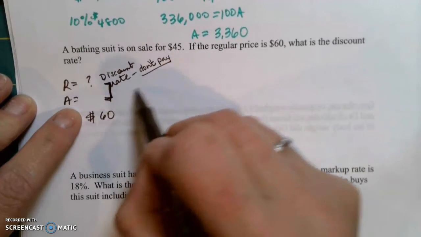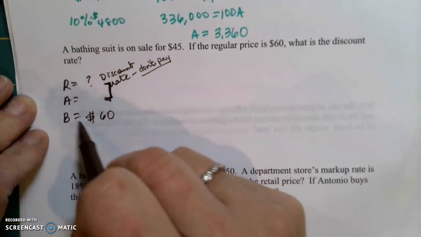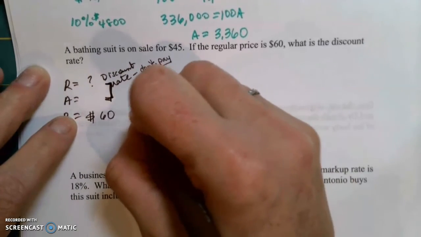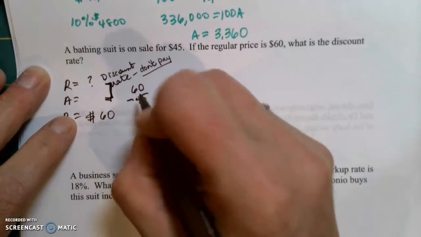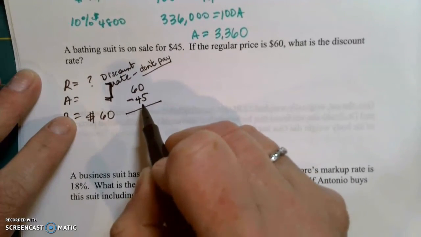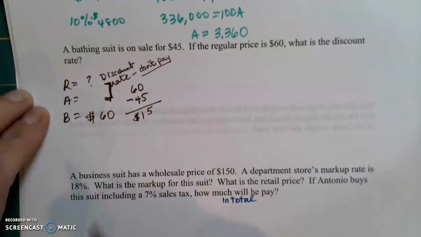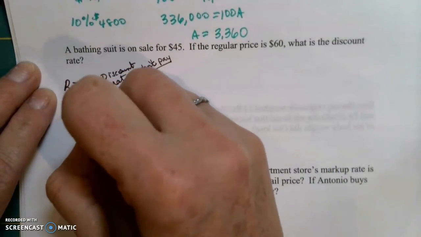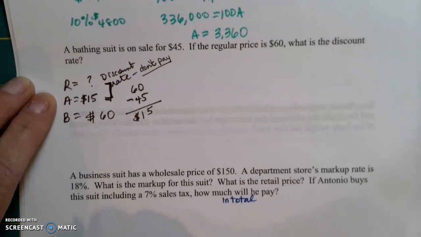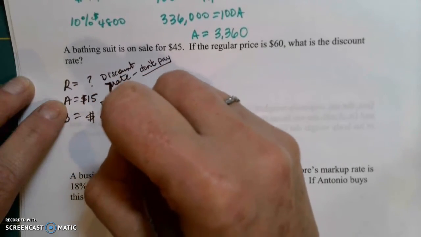If you have to figure out the rate of what you don't pay, then here we need to subtract to figure out the dollar amount for what we don't pay. 60 being my original price, 45 being what we actually pay, and then when you subtract, you're going to get $15. So that is going to be the amount that we do not pay. So this is the discount in dollars.